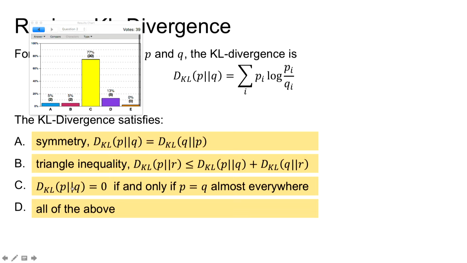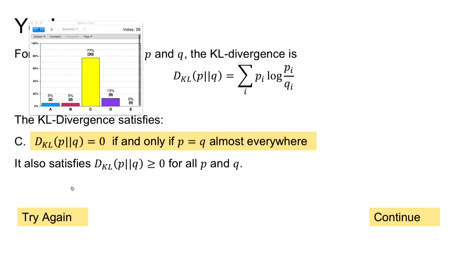Anyway, it does, however, satisfy this property, which is that the measure is 0 if and only if P and Q are the same almost everywhere. And also, it's strictly non-negative. So it's 0 if and only if that first condition is true. Everywhere else, it's positive. Is that clear? Any other situation implies that P is not equal to Q, and that will give a positive value for DKL.